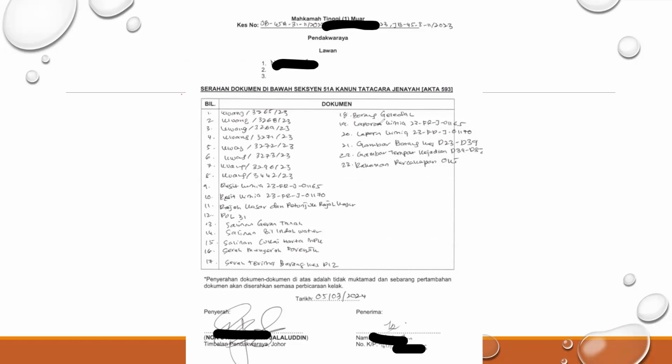So it is 23 lists, inclusive of one rakaman percakapan from OKT himself. Of course, there are some other witness punya rakaman percakapan, but PP is withholding it. It's privileged, so they did not provide.